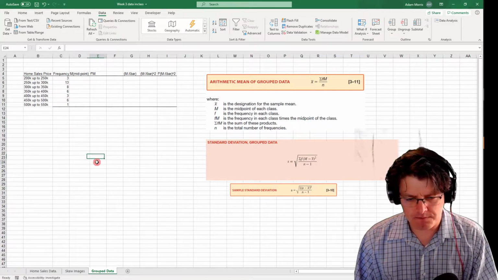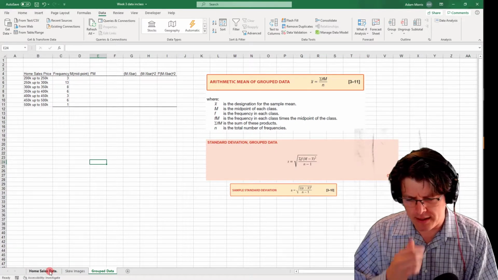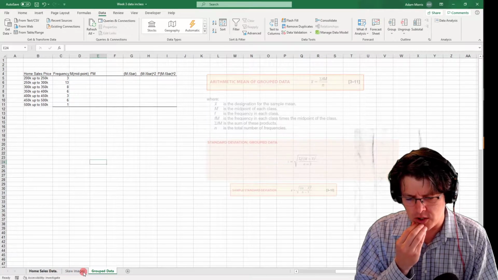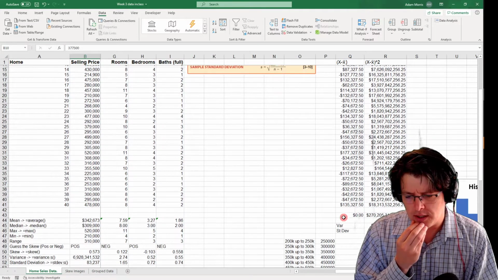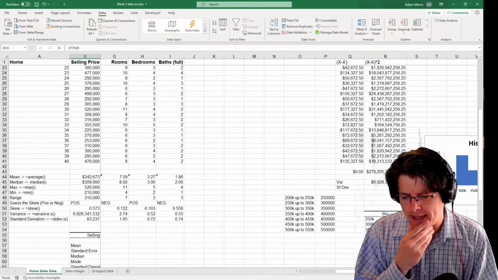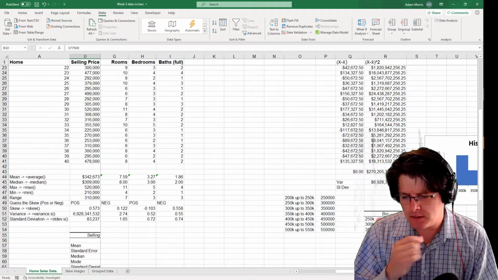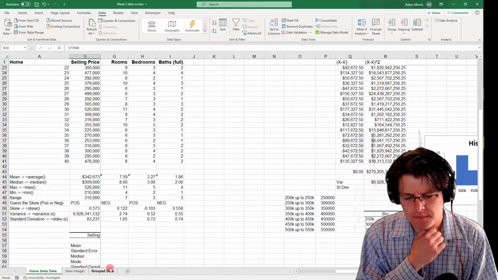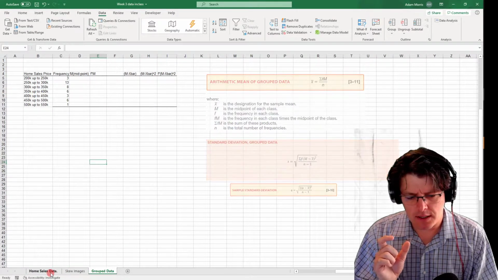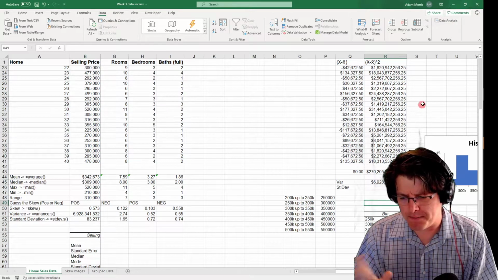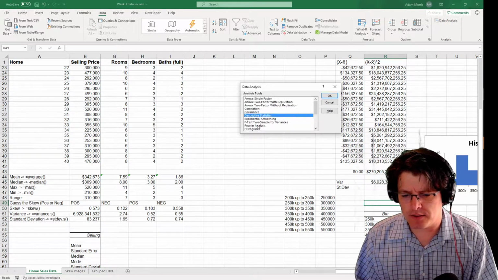Okay. I will point out, I think something's going on when I use the Data Analysis ToolPak, and I include the labels. So my bins are off a little bit, and I don't exactly know.